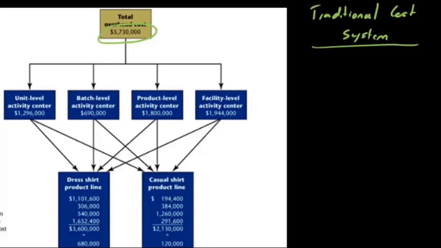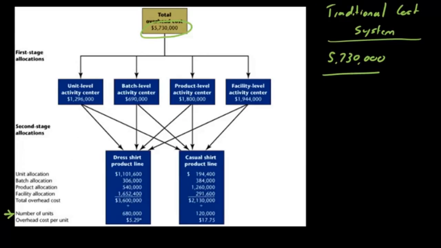Now remember, if you want to allocate this using the traditional cost system, we would basically just take the overhead, the 5,730,000, and divide it by some volume-based measure like number of units produced. And you can see down here, number of units.